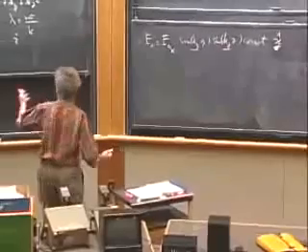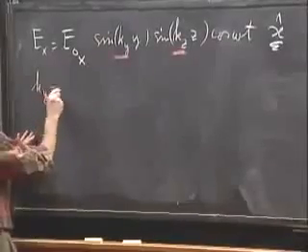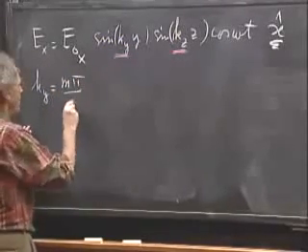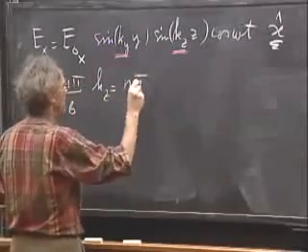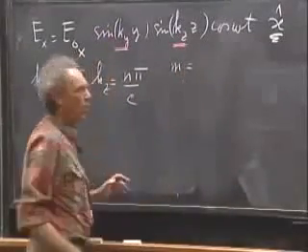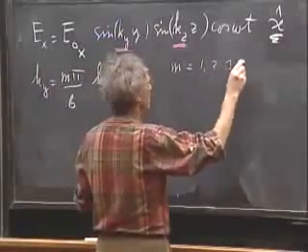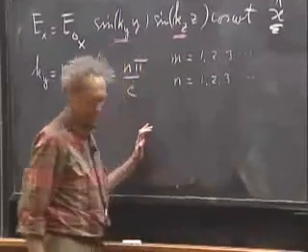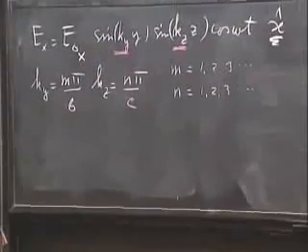One standing wave in the y direction and one standing wave in the z direction. And to meet the boundary conditions, which I wrote down here, it is immediately obvious that k of y must now be m pi divided by b, and k of z must be n pi divided by c. And then m equals, in this case, it's sine, so that is 1, 2, 3, etc. And n equals 1, 2, 3, etc. And as long as I meet this condition, the E of x component is quite happy.